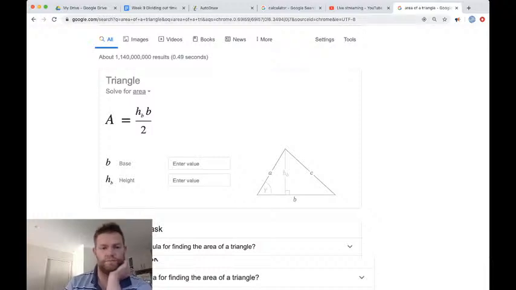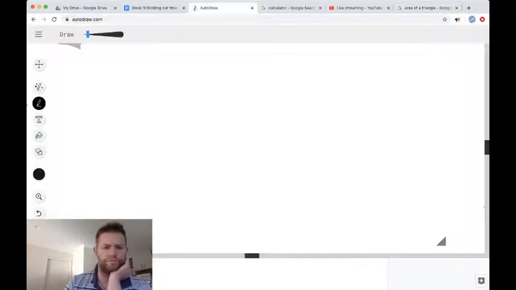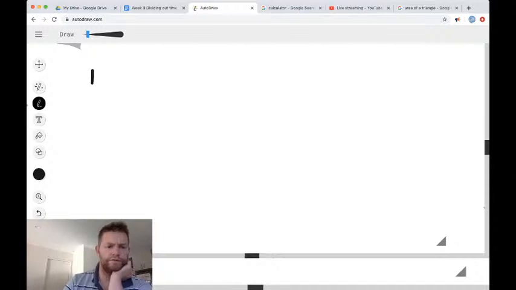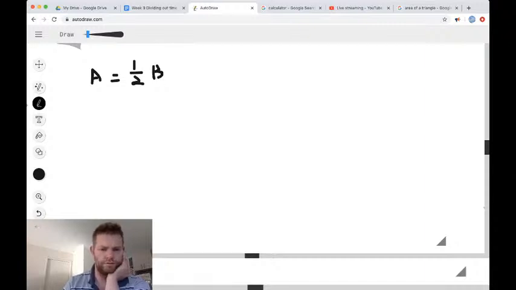So on my auto draw for a triangle, A, area, which is what we're trying to figure out, equals half base times height.